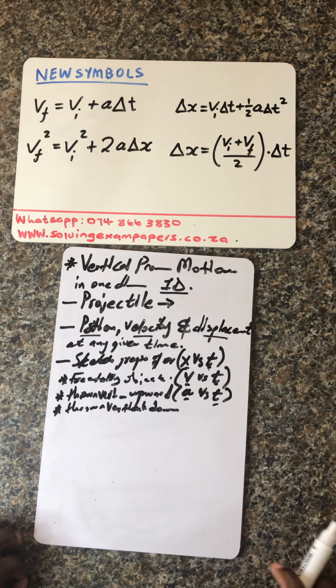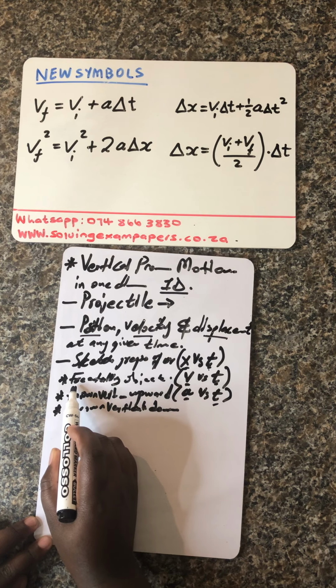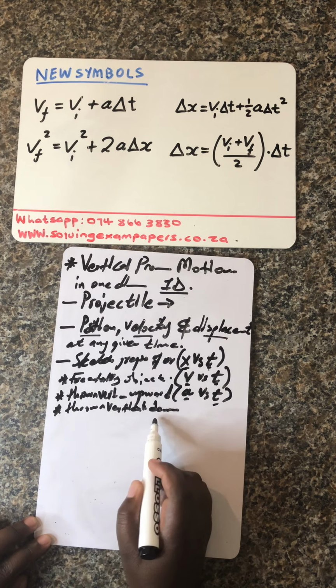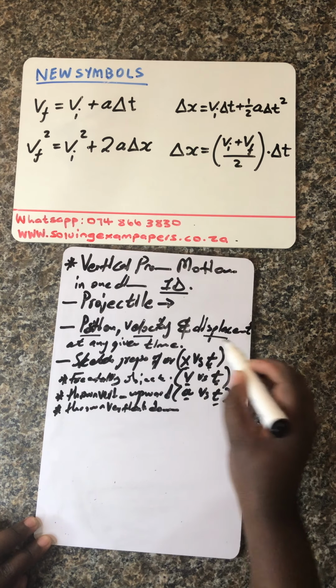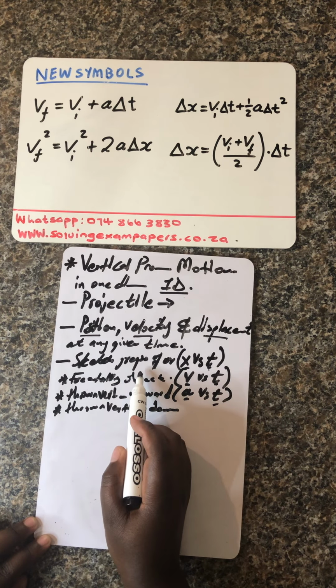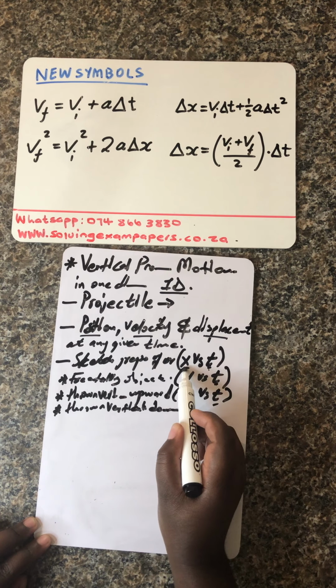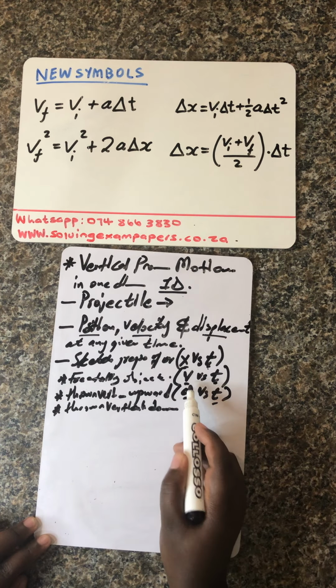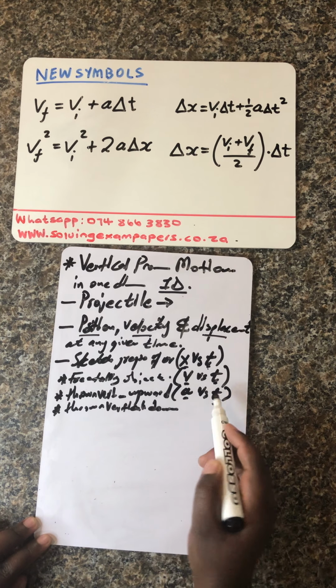So we are saying an object which is free falling, thrown vertically upwards, or thrown vertically downwards can be represented in the form of a sketch where we represent its position over time, its velocity over time, its acceleration over time.